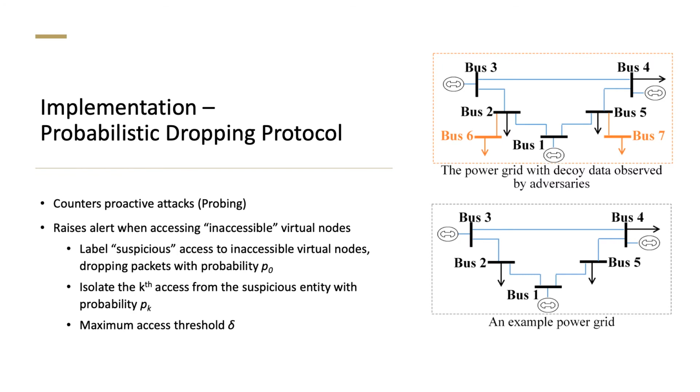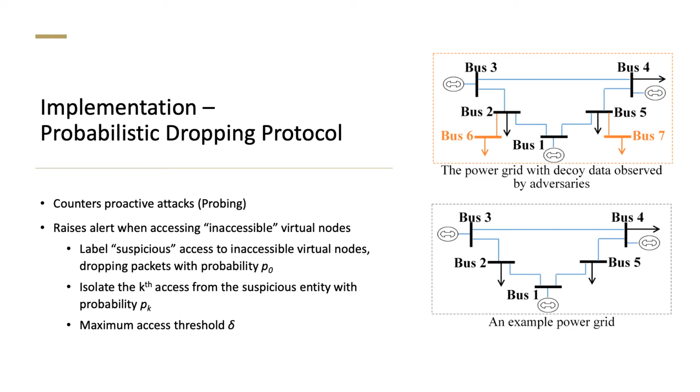And to address the second type, the proactive probing attack, they have something called a probabilistic dropping protocol. What this does is that when an attacker is trying to probe the network, he will inevitably run into some inaccessible nodes. And once he does, DevRec will label this entity as suspicious, and will drop its packet with probability P0.